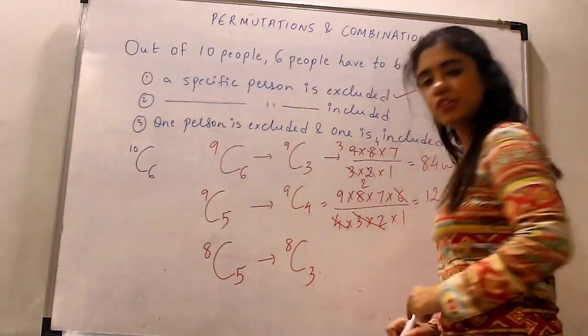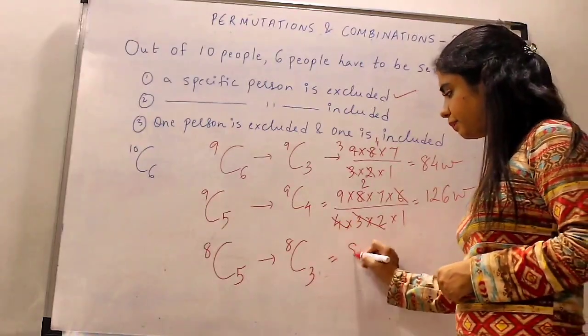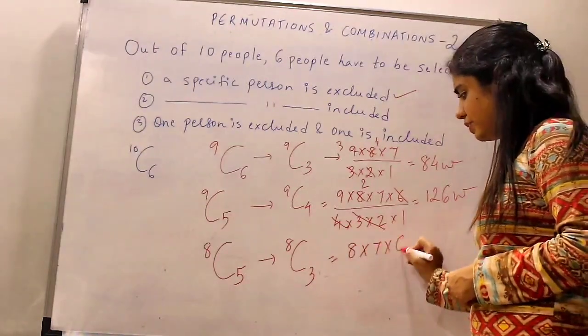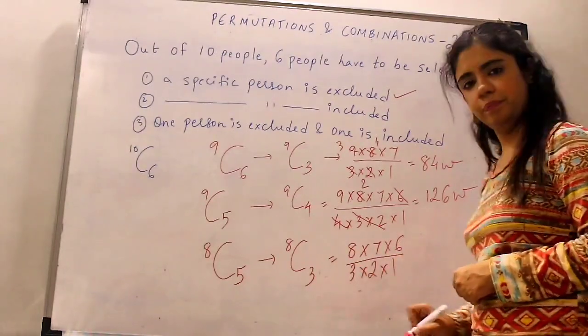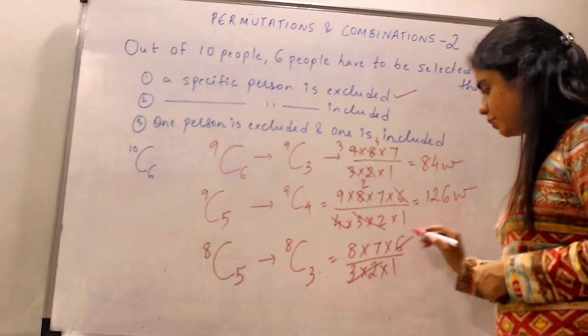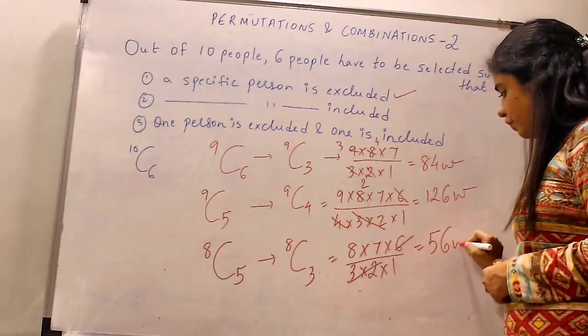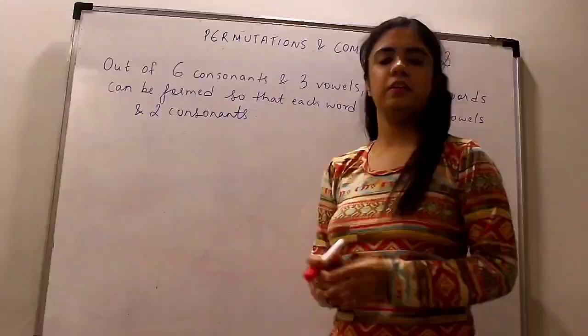So because this number is 3, you're going to write 3 in the numerator, 3 in the denominator. So that will be 8 into 7 into 6 upon 3 into 2 into 1. So 6 will get cancelled. Your answer is 8 into 7, which is 56 ways. So this is how you're going to solve this problem.